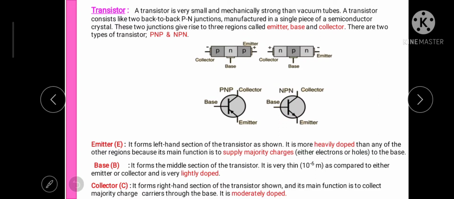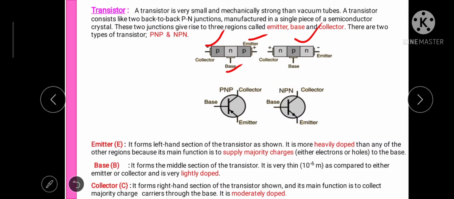Here in this figure, we have shown the structure of both transistors. In the first transistor, the PNP, the first terminal on the left side is called the collector. The middle terminal is called the base, and the right terminal is called the emitter. The same happens with the NPN transistor.